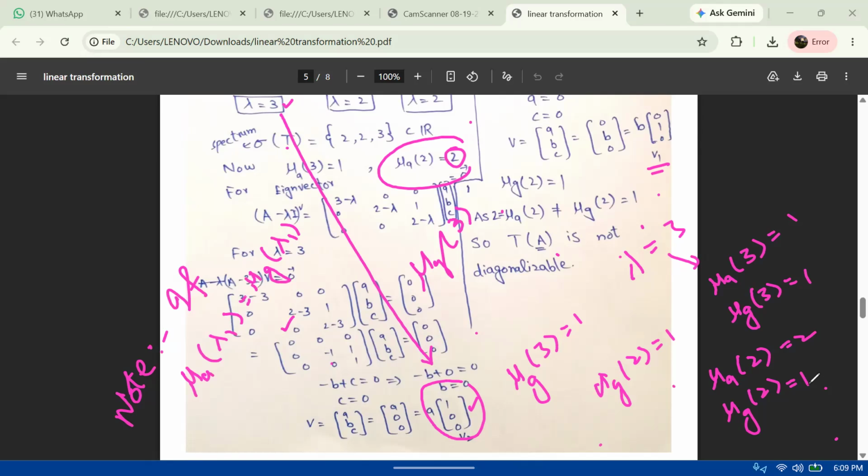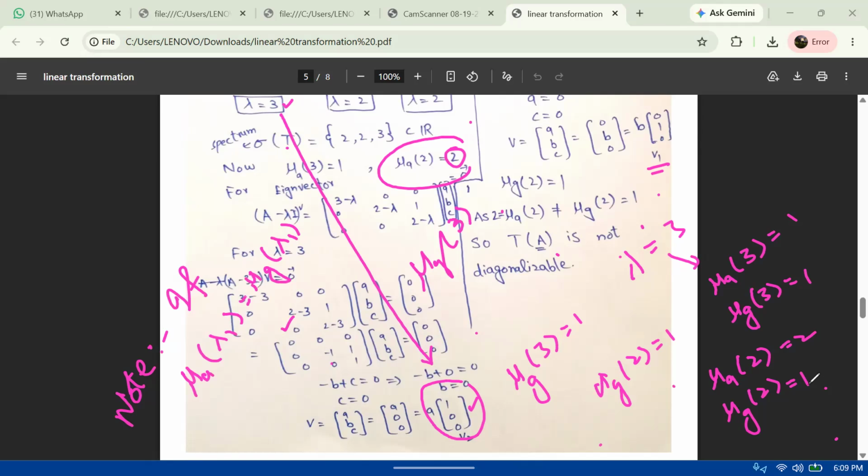If your eigenvalues are real, which means they don't contain the i term or iota, then your matrix might be diagonalizable. But when you find the characteristic polynomial and the eigenvalues, and any one eigenvalue is in the form of iota, you can simply say that it's not diagonalizable. No need to move further. Okay, so this is the case for the diagonalizable matrix.